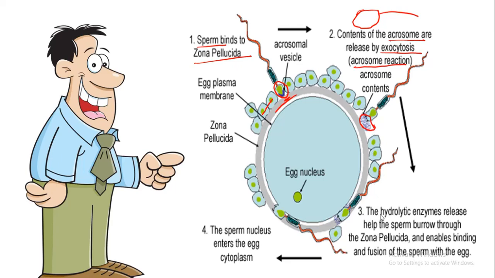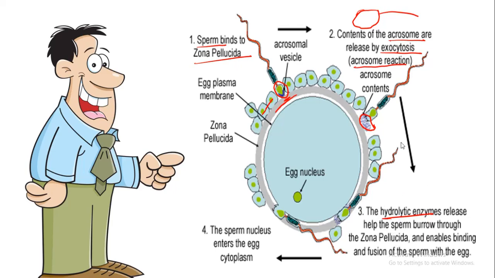And then from there, the hydrolytic enzymes are released, helping the sperm bore through the zona pellucida and enabling binding and fusion of the sperm with the egg. What does this statement mean?